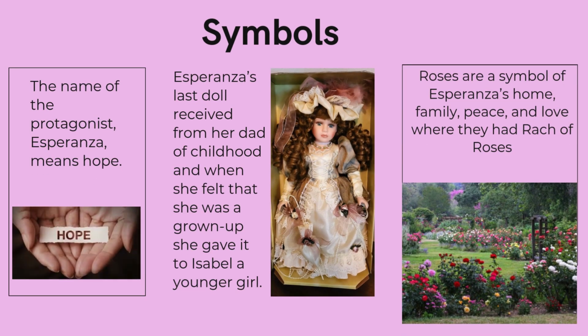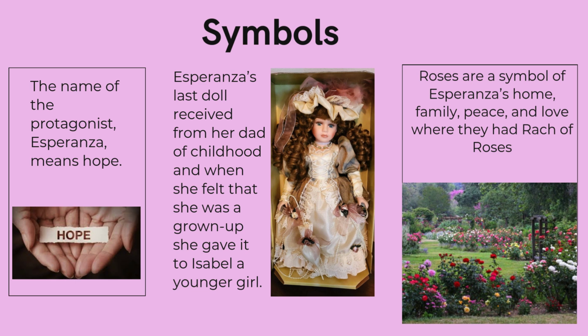Symbols: some symbols in the book are the name of the protagonist, Esperanza, that means hope in Spanish, and also Esperanza's last doll that she received from her dad, which means childhood.